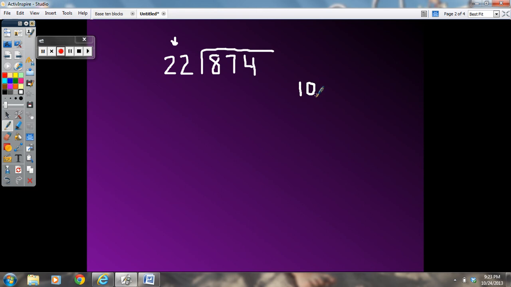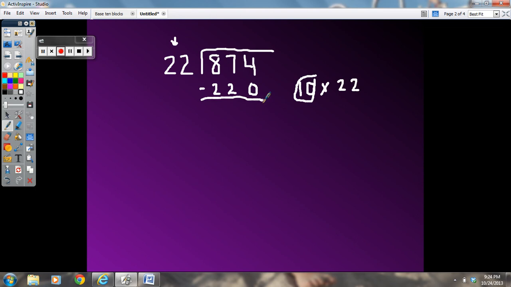The reason we start with 10 groups of the divisor is that we are typically able to do that mentally. We know from past lessons that 10 22s would equal 220. It's the same thing, 22 with a 0 put on the end of it. So if I made 10 groups of 22, I would have used 220 blocks from the 874 blocks that I have.